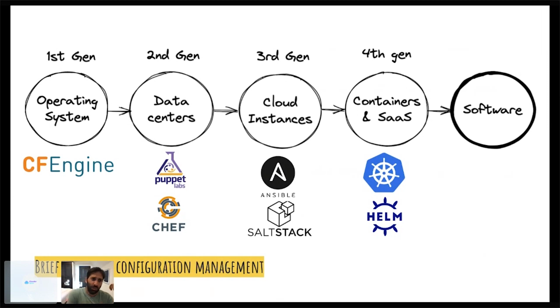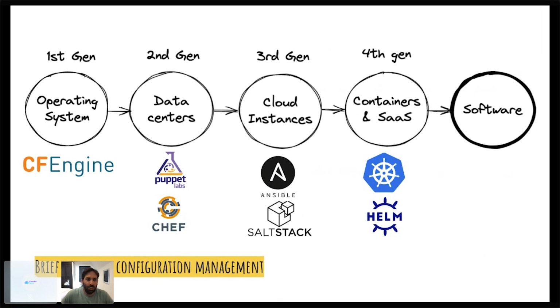The second generation, with Puppet and Chef, comes in the early 2000s, where more hyperscalers started to come out.